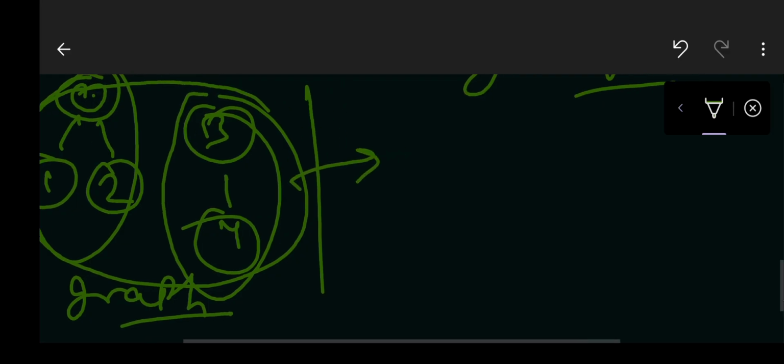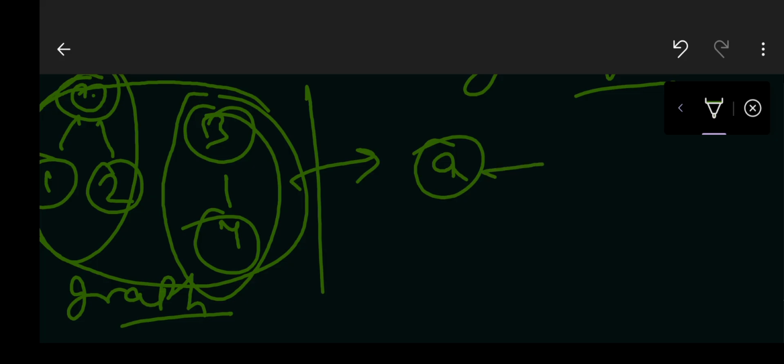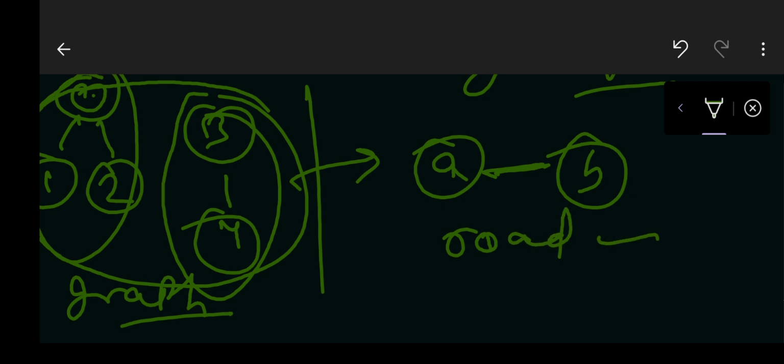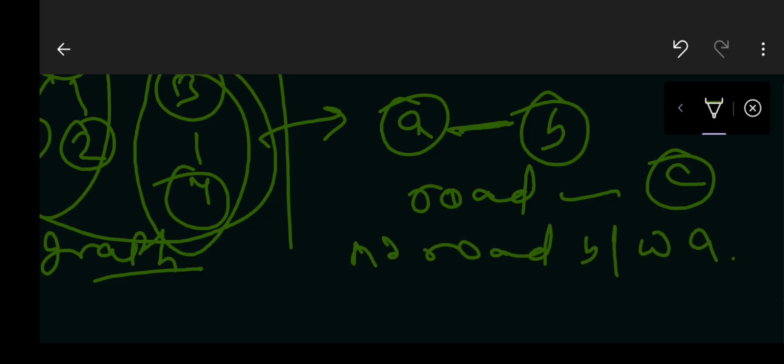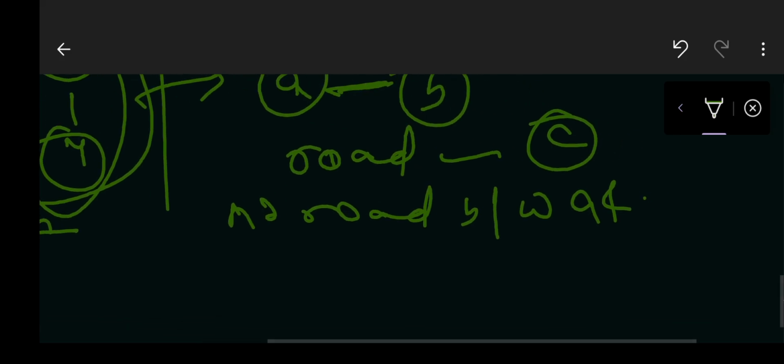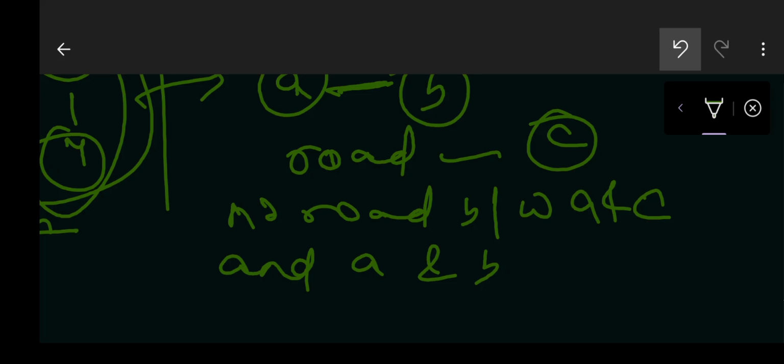Suppose there is a node A and a node B. If there is an edge between A and B, that means there is a road existing between A and B. And then suppose there is a node C and there is no edge from A to C, and also no edge from B to C. That means there is no road between A and C, and between C and B.